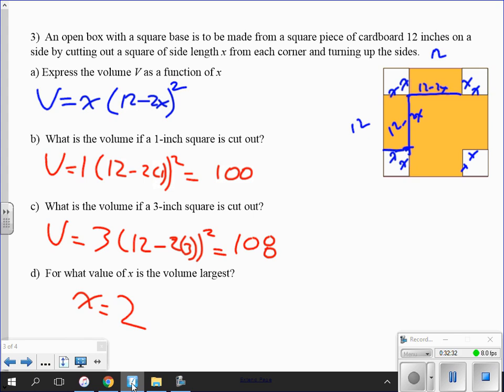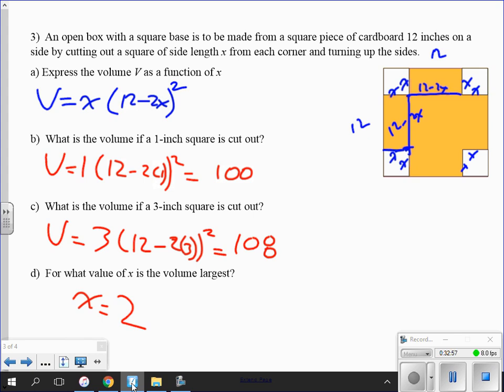But one of the things we talked about earlier this semester was domain and range, particularly domain. We have domain limits on this problem. Your graph shows you things that could never work. And you have to understand that.